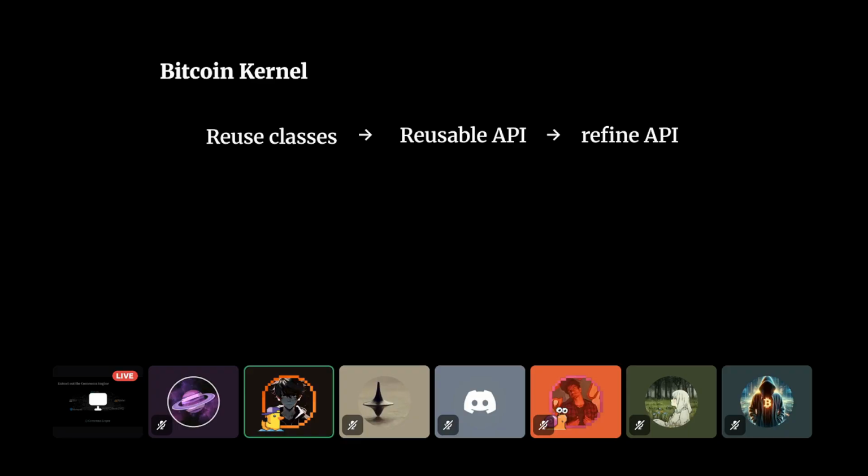There are lots of PRs, including mine, which added some support. For example, right now we don't have support for block header. I've opened a PR, and if it gets merged, then we'll have support for block header as well. You can create a block header.